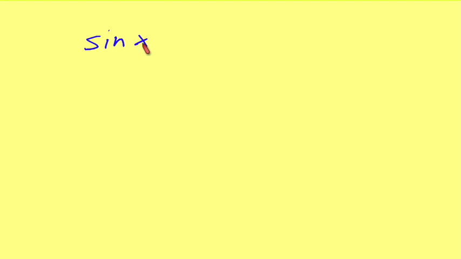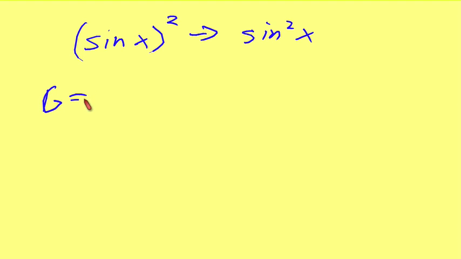How about sine squared of x, which you can also write as sine of x, squared. So we're going to find the derivative of this. This is an interesting one because this time our g is going to be parentheses squared, and our f of x will actually be sine of x.